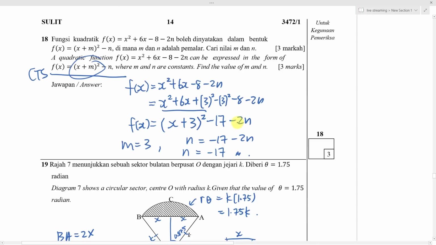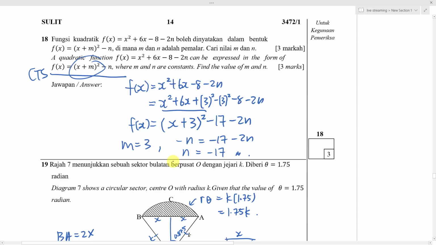Minus 9 minus 8. 9 and 8. Negative 17. Minus 2n. Minus n. So this is negative n. Negative n, and move the positive 2n. Positive 2n minus 1n is 1n. 1n equal to negative 17.